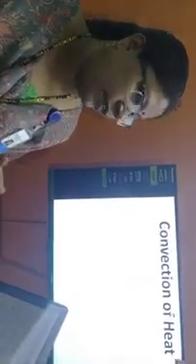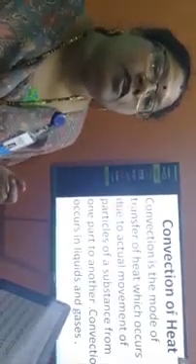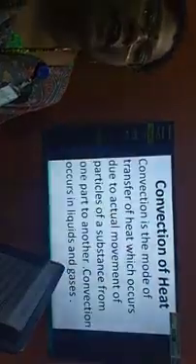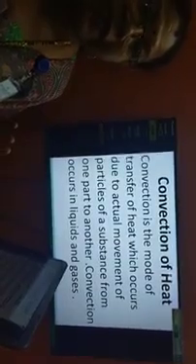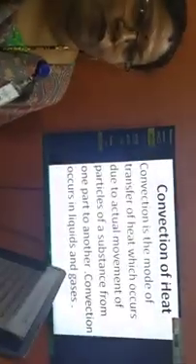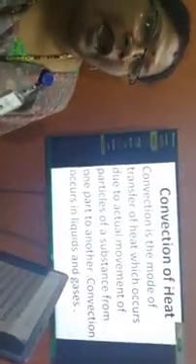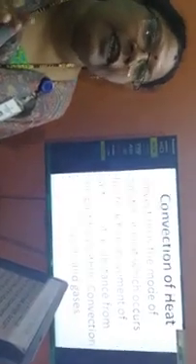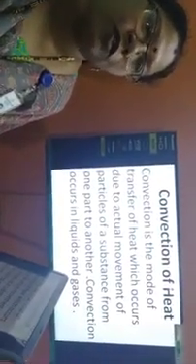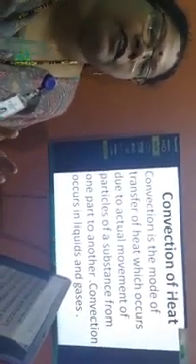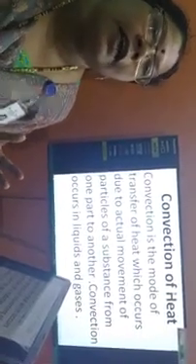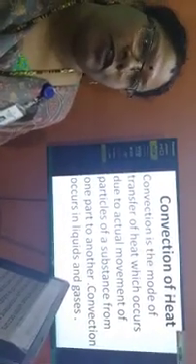So what is convection? Convection is a mode of transfer of heat in which the particles actually move. The particles, after gaining heat energy, move from one place to another, and the particles which do not get heat energy come back to the original position.